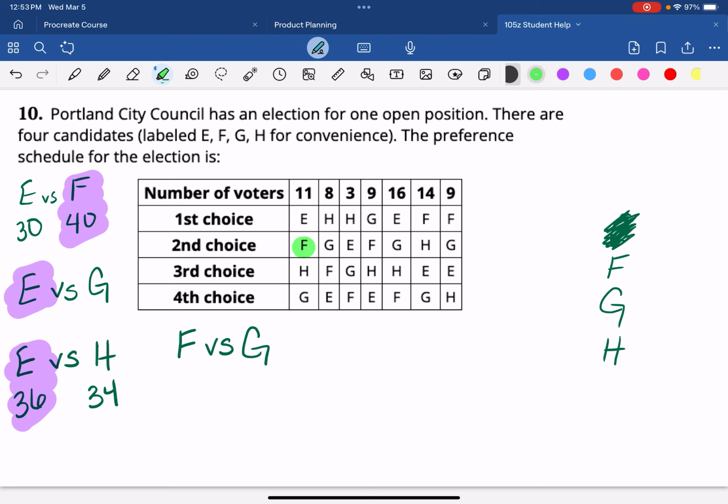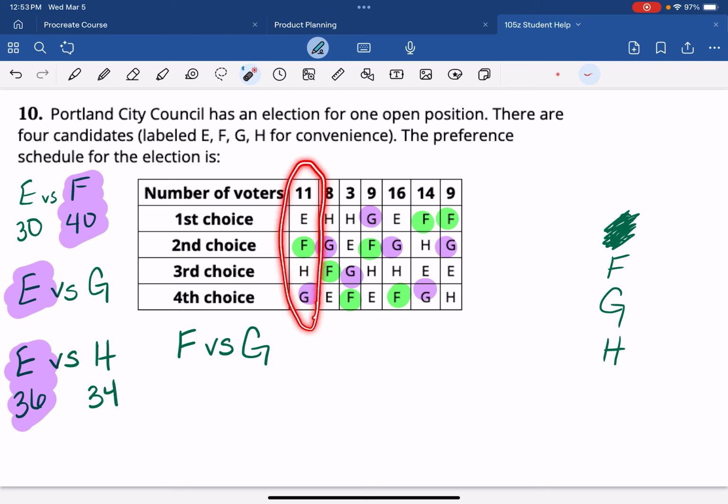Let's see, F, I'm making green, and we'll make G purple. And then we can start looking at who is preferred between those two.